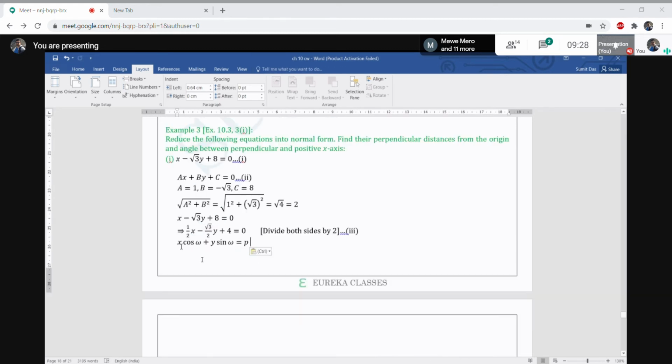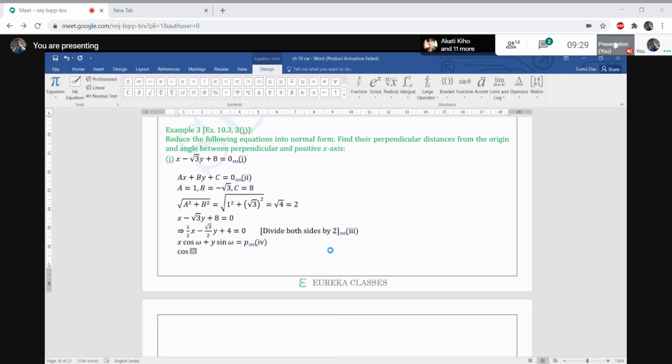My question is, if I compare equation 3 with x cos omega plus y sin omega equal to p, what will be the value of cos omega?